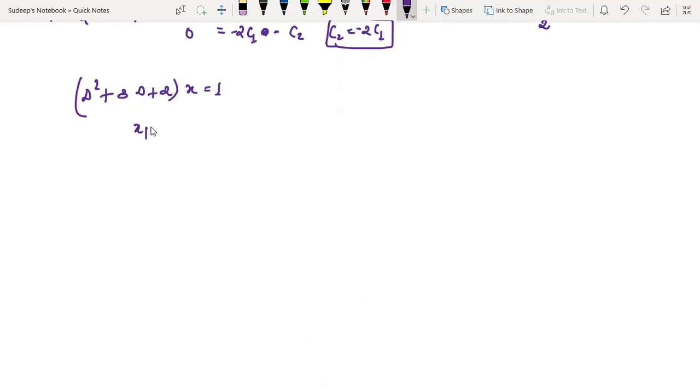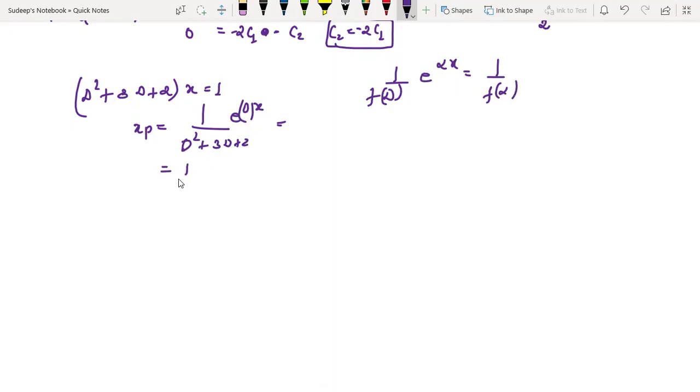So you have to find the particular integral. I'll simply write 1 as e raised to power 0x, and this is 1 upon d square plus 3d plus 2. Whenever you have to find the particular integral of 1 upon f(d), and here it is e raised to power alpha, the particular integral is 1 upon f of alpha. So your particular integral will be 1 upon 2.